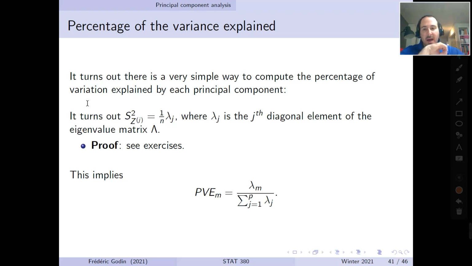Well, it turns out that the sample variance of the jth principal component, the sample variance of the coordinates with respect to the jth principal component, so of the scores of the jth predictor in the new data set, is 1 over n times lambda j, where lambda j is the jth largest eigenvalue of the matrix sigma, or the jth element of the diagonal eigenvalue matrix lambda.